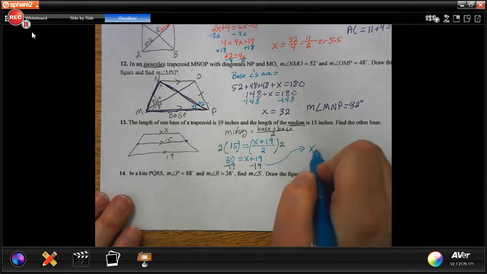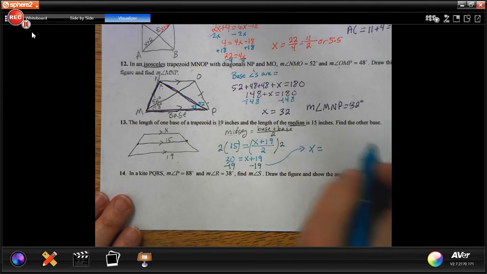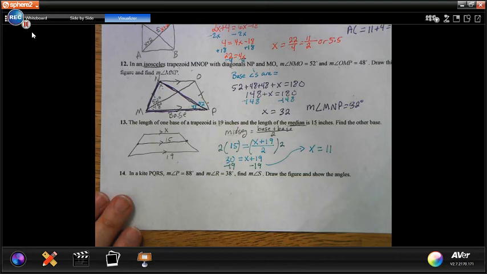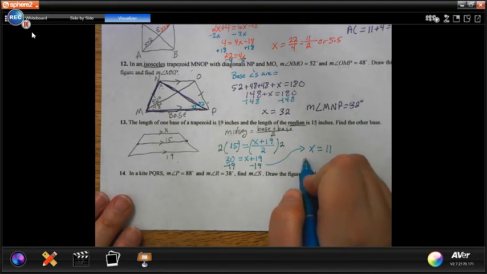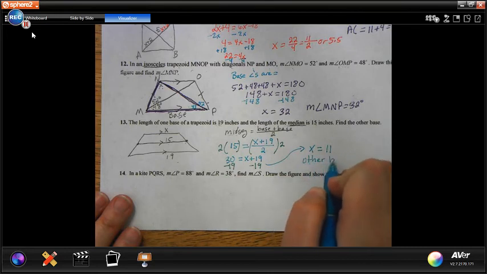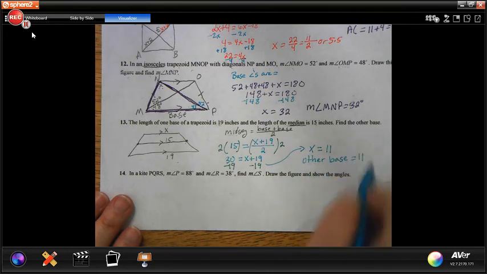So I get x equals whatever 30 minus 19 is. So x equals 11. So that means the other base equals 11. There we go.